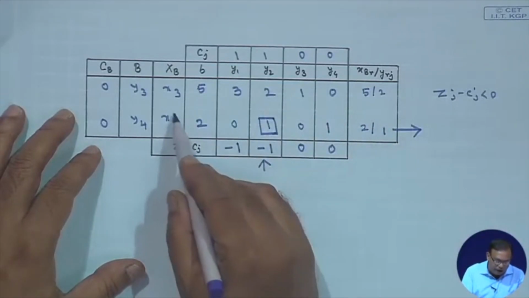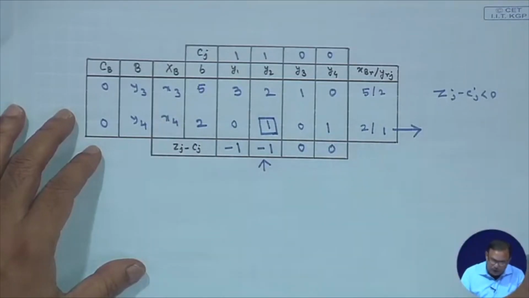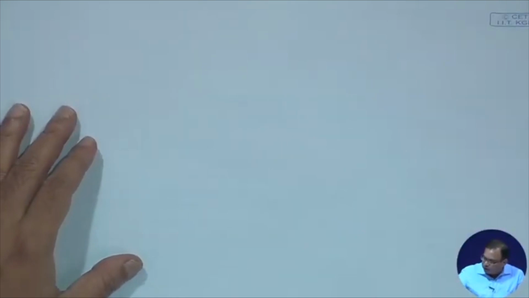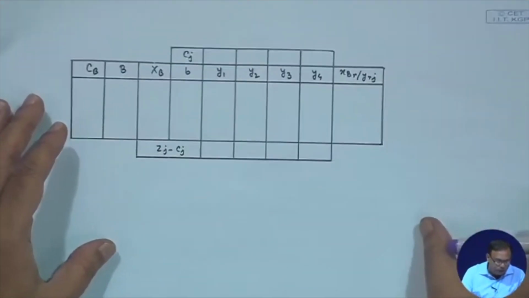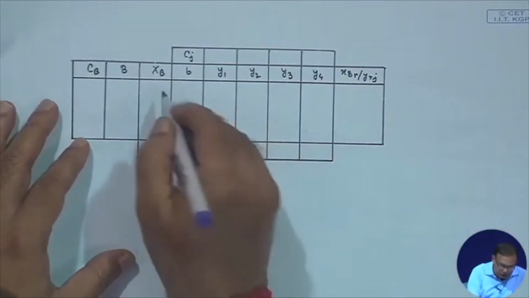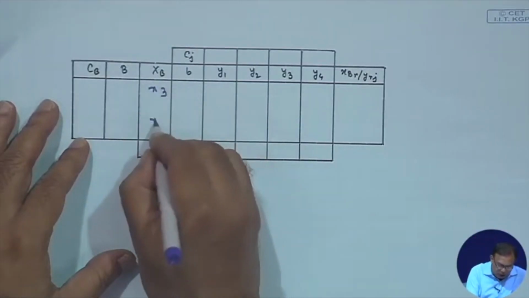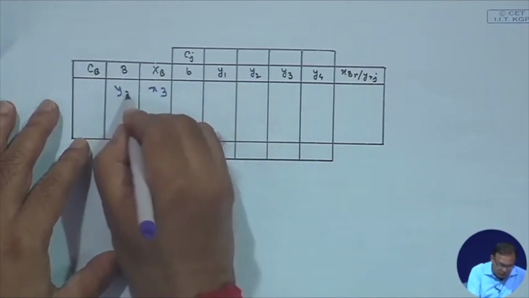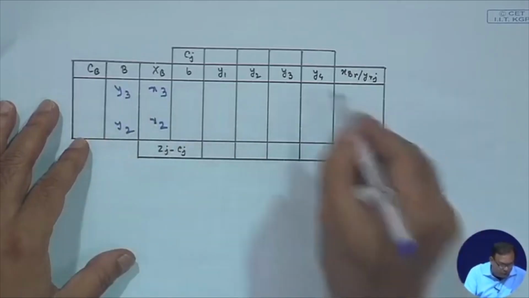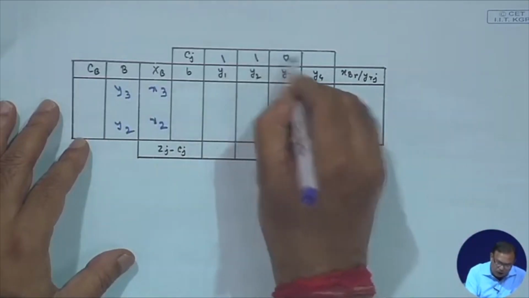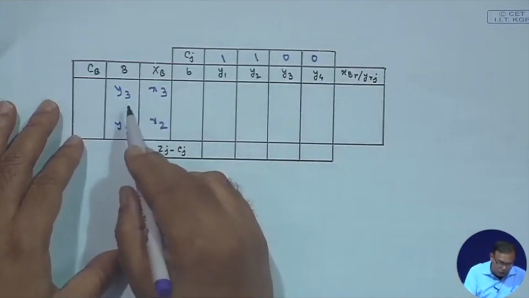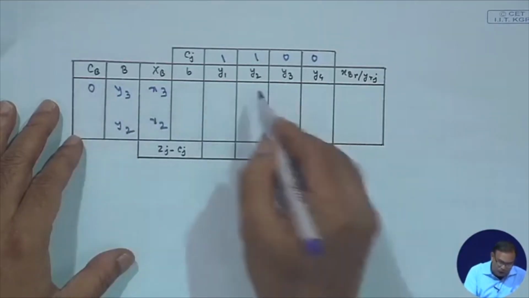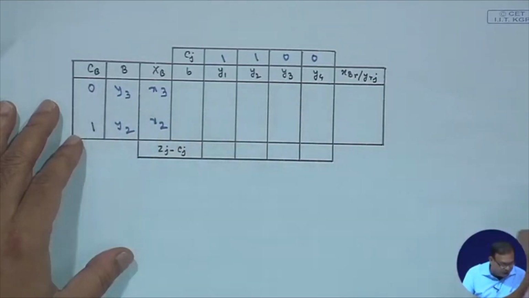So, in the next table x4 will be replaced by x2. Here now x3 and x2 will come. You have y3 and y4, this is 1, 1, 0 and 0. So, y3 is 0, but the y2 coefficient is this.